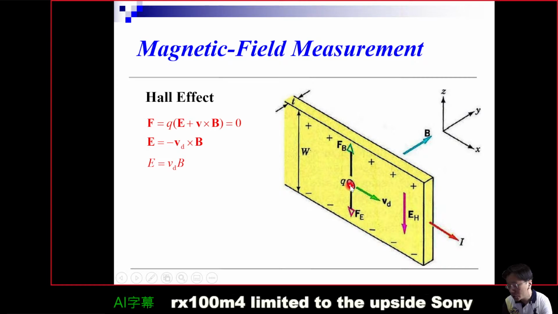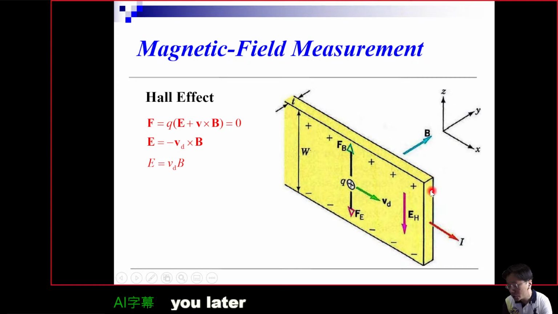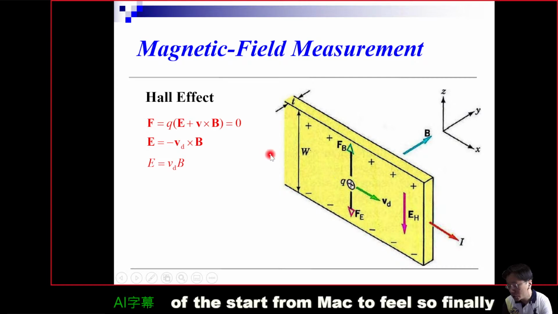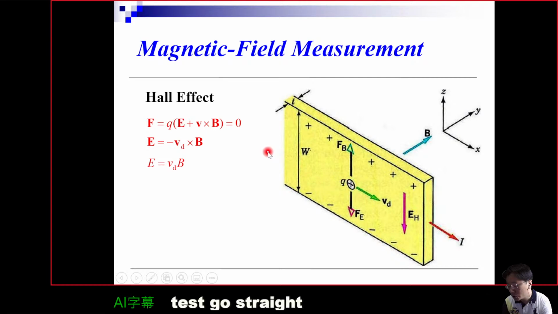So the positive charge will accumulate at the top of this thin plate, and the negative charge will accumulate at the bottom. They will build an internal electric field from the top to bottom. The force from the internal electric field will balance the force from the magnetic field. So finally, the positive charge will go straight from the right side to the left side.